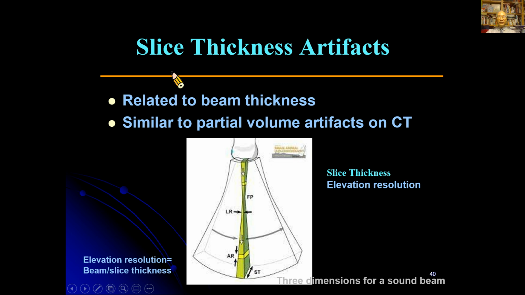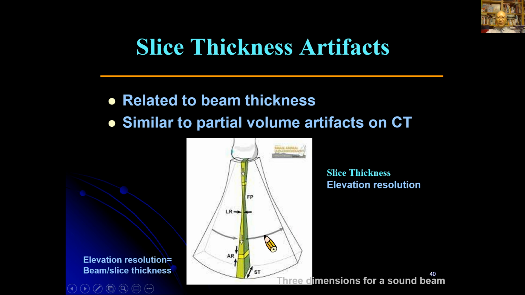And now slice thickening artifact. It's similar to partial volume artifact on CT because the sound beam has three dimensions: one for axial resolution, one for lateral resolution, and here is the slice thickness. So it's the so-called elevation resolution.